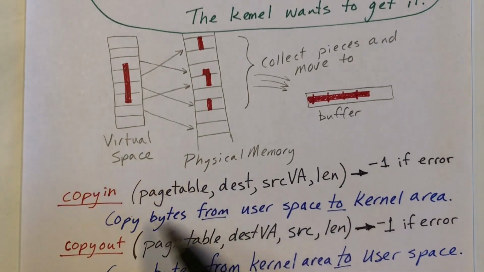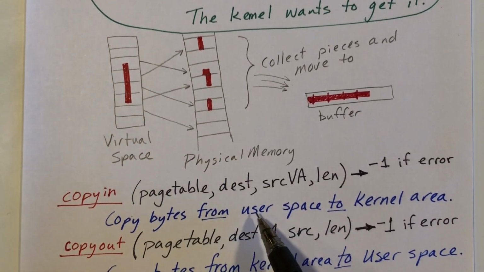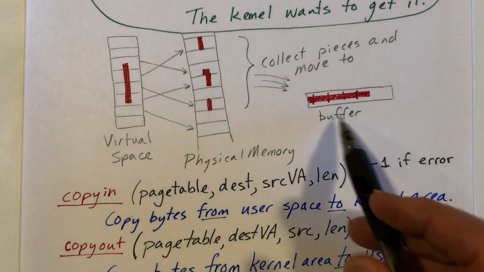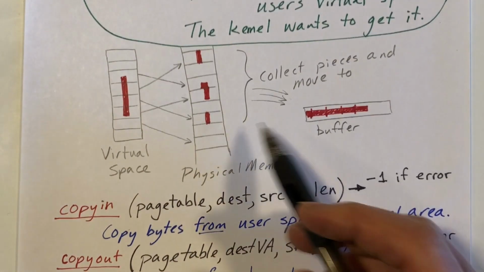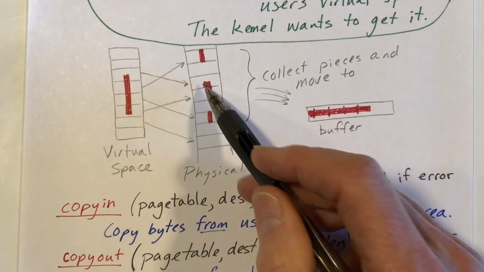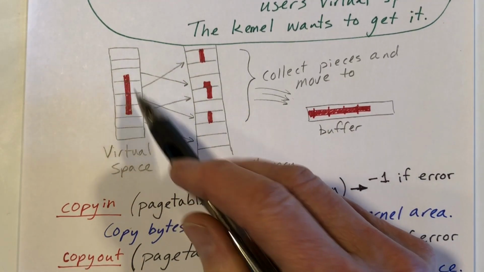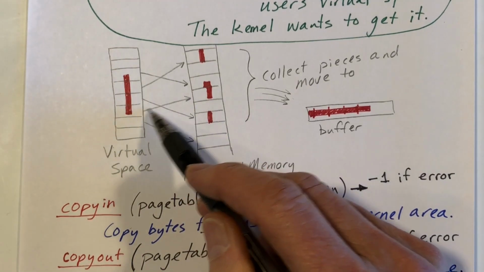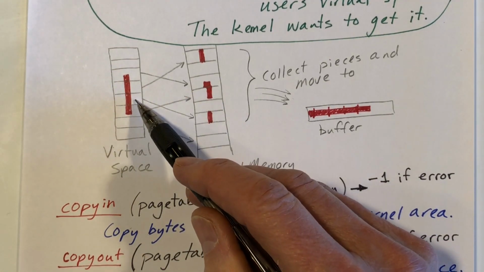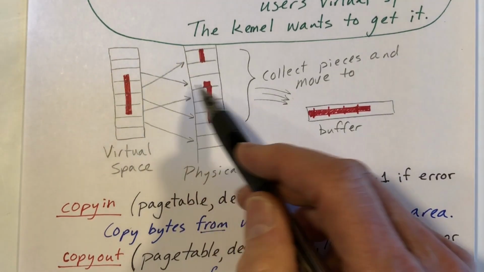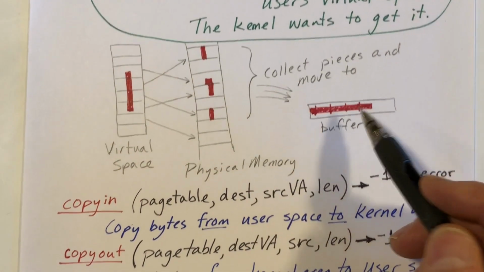And what it will do is it will copy bytes from the user's virtual address space to this kernel area pointed to by destination. So it's going to copy the individual pieces. I mean, it would start by copying, well, let's say memory goes up this way. It starts by copying this piece, and then this piece, and then this piece, and finally the last piece.